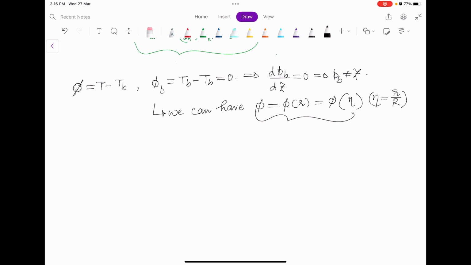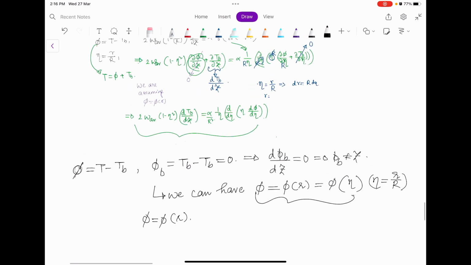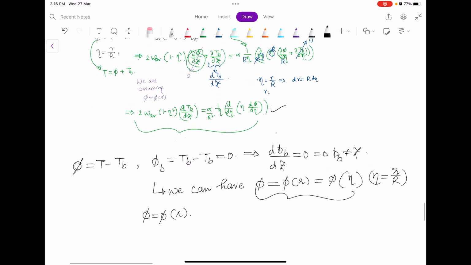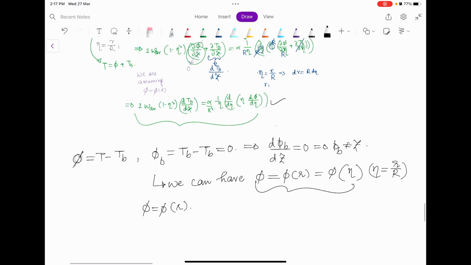If a solution, phi equal to only a function of r, exists satisfying the differential equation I derived last time, and also the boundary conditions, then we can say that yes, I can have the solution.